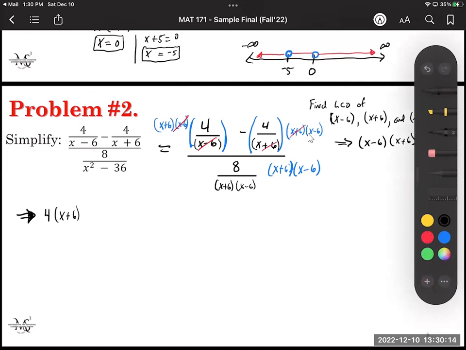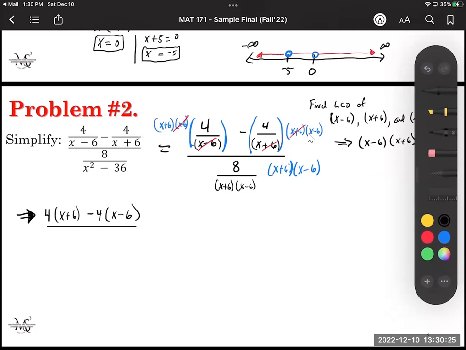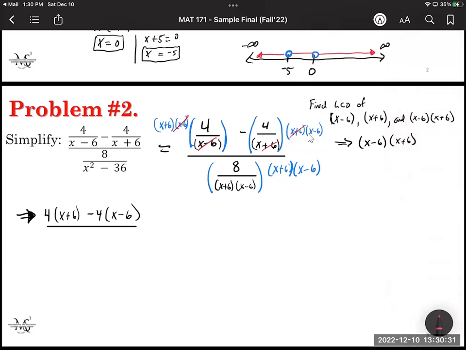So I'm left with negative 4 times x minus 6. Now let's look at the denominator. The denominator, if I take 8 over x plus 6 times x minus 6 and multiply it by our LCD, what can we cancel out? X plus 6 and x minus 6. You can cancel out the x plus 6, and you can cancel out the x minus 6. So what are we left with?